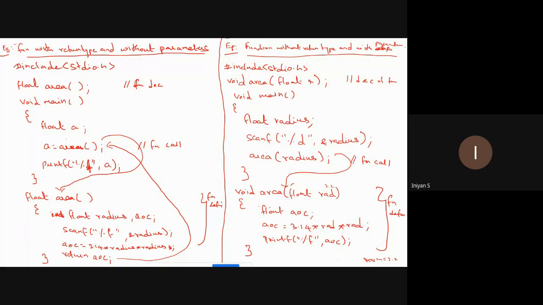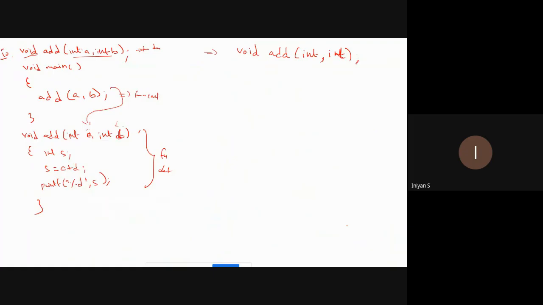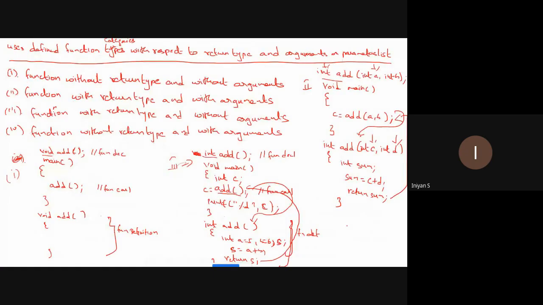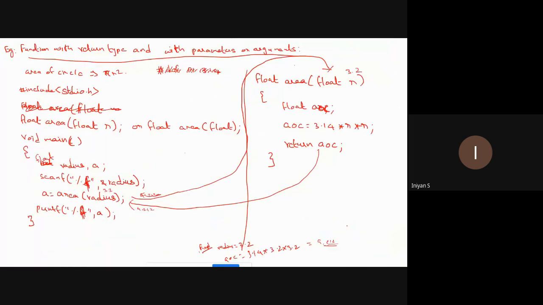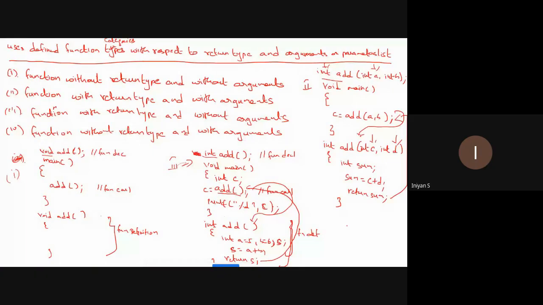All the four ways, you can use any of the function categories. It will work for all the categories. You can write your user-defined function with any of these categories.